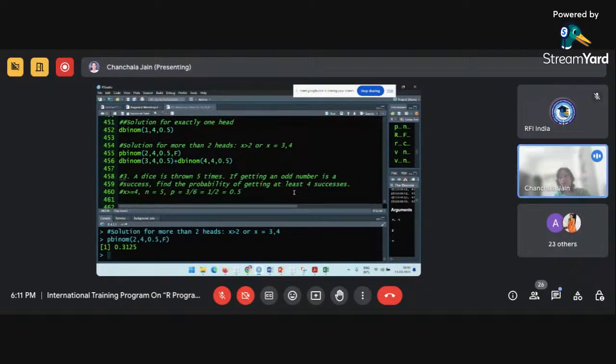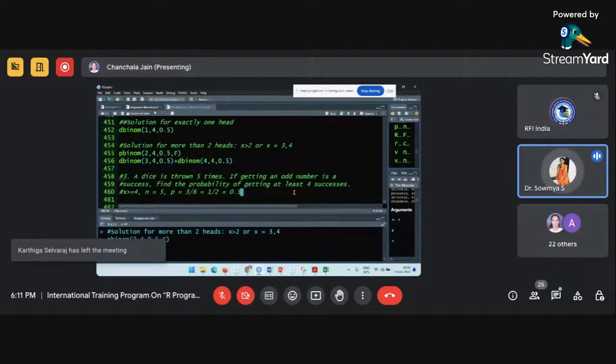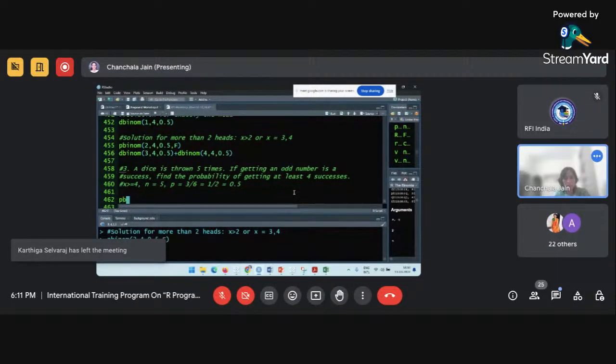Now, how can we find this? Which function do I need to use? P binom. Then what do I need to pass as the first parameter? Greater than or equal to 4.